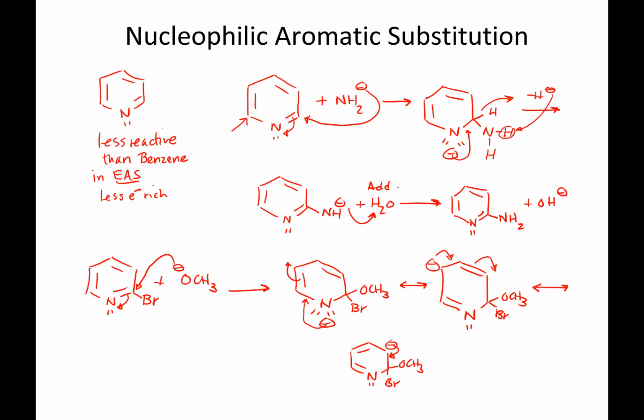Bromine versus OCH3, which one's a better leaving group? The halogen is a much better leaving group. So we would then lose a Br- and be able to reform the aromatic system. But now what I've done is I've substituted the methoxy group for a bromide. So this is an example of nucleophilic aromatic substitution on a heterocyclic aromatic molecule.